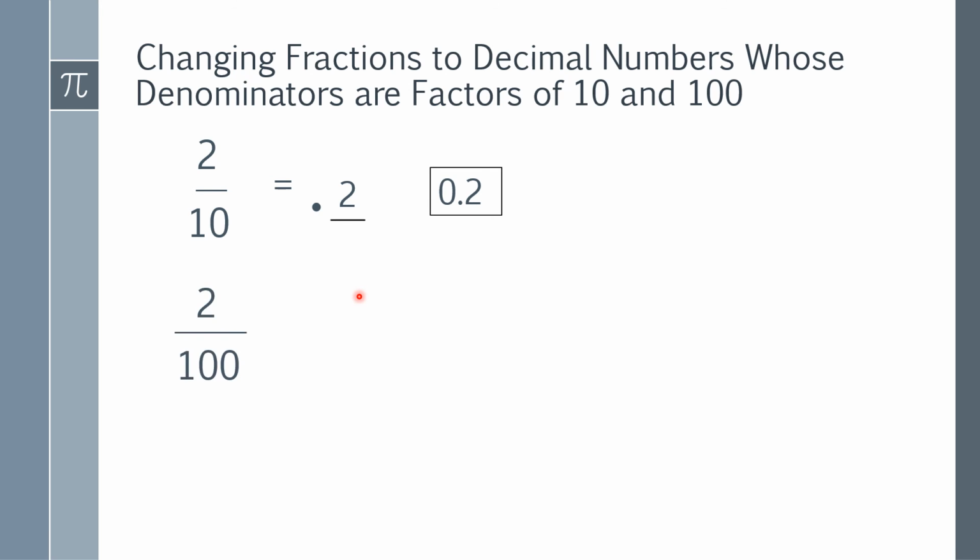Next, for example number 2, we have 2 over 100. So once again, huwag kakalimutan ang decimal point. And then, look at the denominator. Since ang denominator natin ay 100, ibig sabihin, ang 2 dapat ay nasa hundredths place value. So ito yung tenths at ito yung hundredths. So nandito dapat yung number 2.